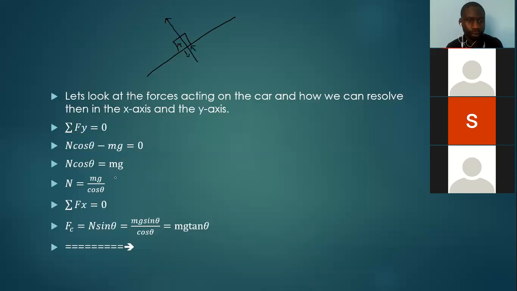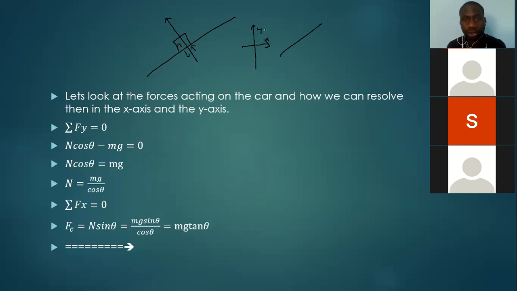Okay. We have our normal force like that. But again, the other thing that you have to realize is that when you want to choose an axis, whether to use your x-axis, which is like this, or your axis, which is just the normal way, this is your y and this is your x.